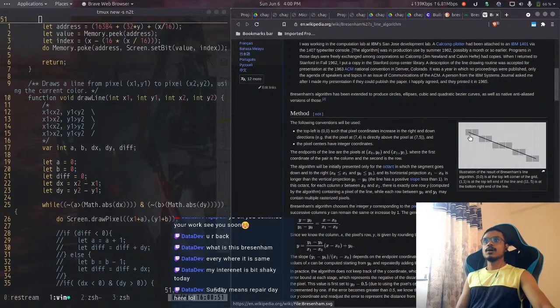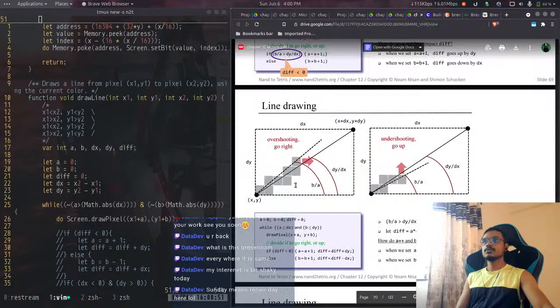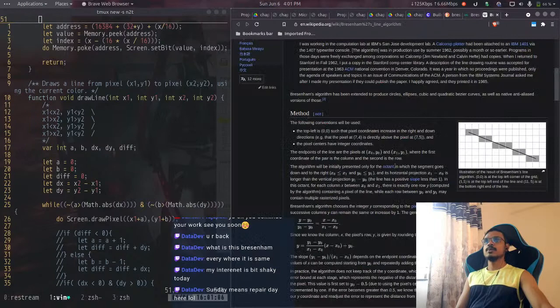It's the y that might or might not change. But according to this, even x can change. So this algorithm is a bit different than this one, but still it is somewhat similar.